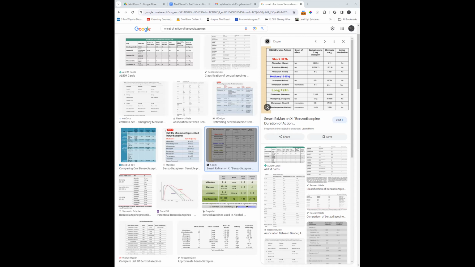And if we look at the lipophilicity of diazepam, it's much, much higher. So lipophilicity is more about onset, whereas the half-life of the drug is more related to the metabolism. Does that make sense?